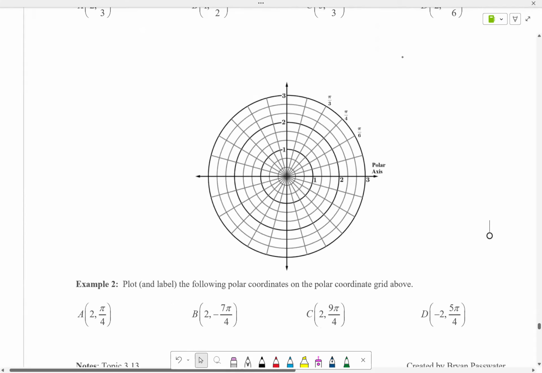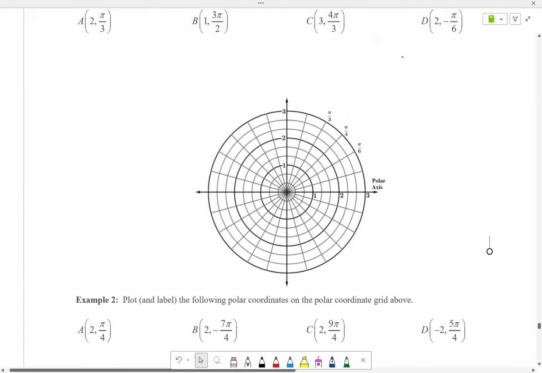In order to do this, I have to tell you some of the basics of polar coordinates. For rectangular coordinates, how many axes are there? Normally just 2, the x-axis and the y-axis. Where the axes meet is called the origin. For polar coordinates, do you have any idea how many axes there are?